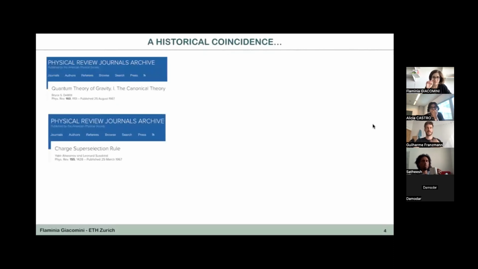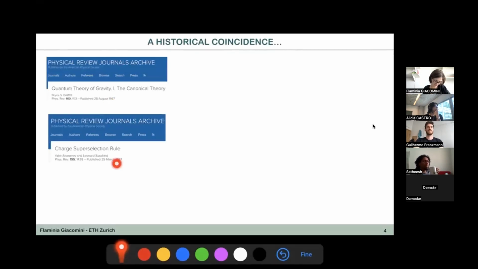I'm going to use quantum reference frame, but just bear in mind that people sometimes use quantum reference systems. And so the first papers in the 2 communities were from the same year. You see 1967 here and 1967 here. And so basically each community took different roads exploring how to make sense of some quantum version of reference frames.